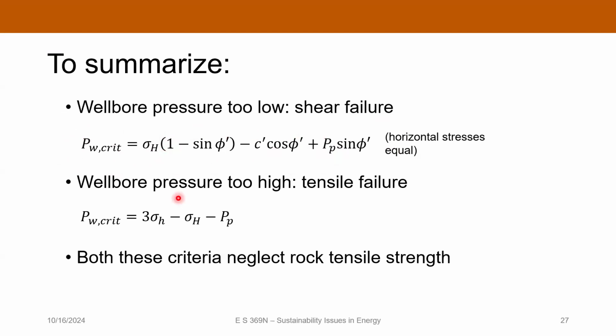On the flip side, if your wellbore pressure is too high, you will start inducing tensile failure, and the maximum permissible wellbore pressure is going to be given by this equation over here, which depends on the pore pressure and the background horizontal stresses. Now note that both of these equations were neglecting the tensile strength of the rock, and the lower limit here also assumes that the horizontal stresses are equal to each other.